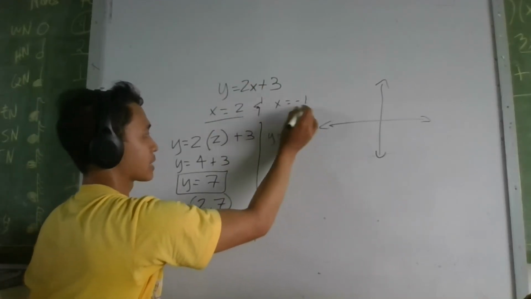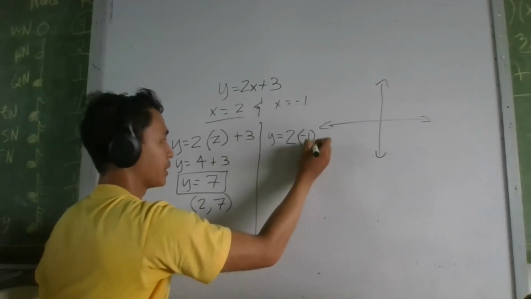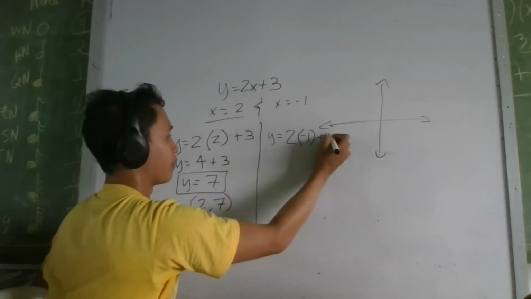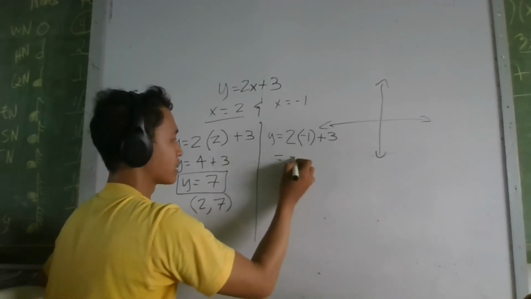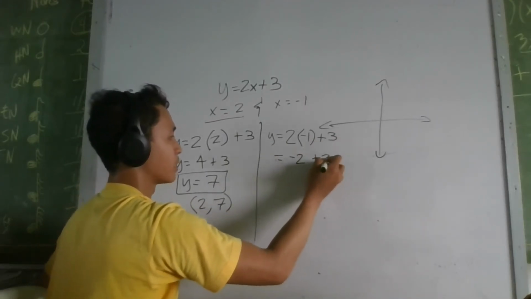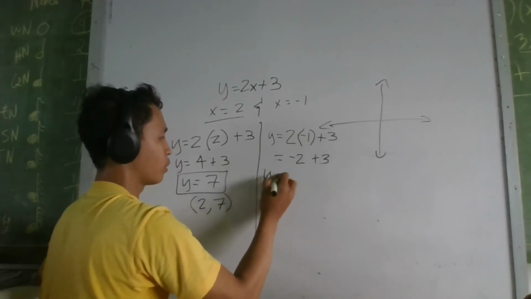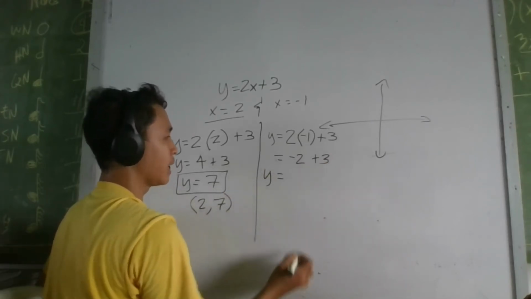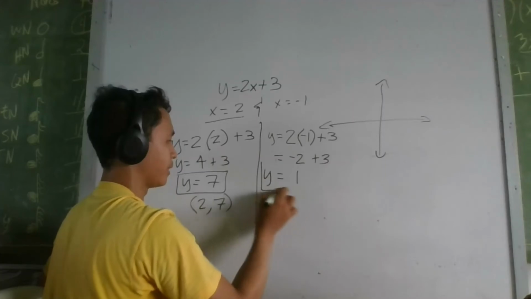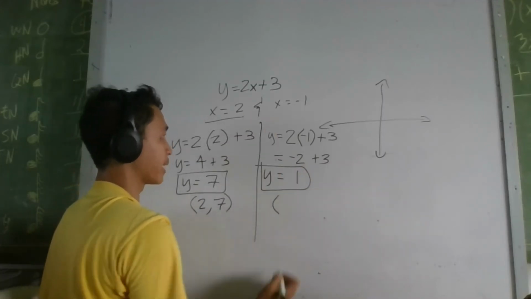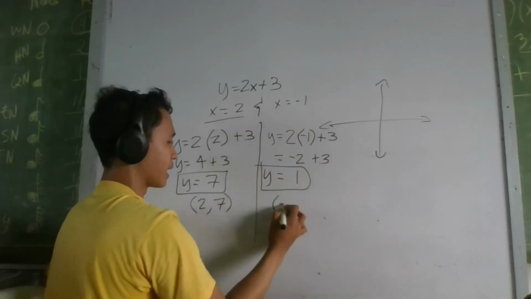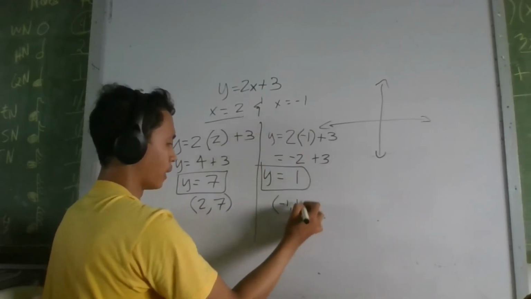This time, yung x is negative 1, plus 3. So, that would be equal to 2 times negative 1 is negative 2 plus 3. Therefore, y equals negative 2 plus 3 is positive 1. Kuha? So, yung point natin or ordered pair is x na negative 1 then y 1.